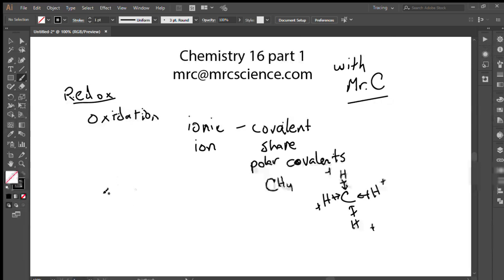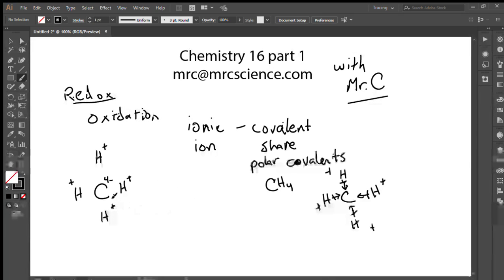So we put the carbon in the center, hydrogens on the outside, and instead of polar covalent bonds, now we'd say carbon's going to steal the electron off each hydrogen, so it's going to have a -4 charge. Each hydrogen will have a positive charge.